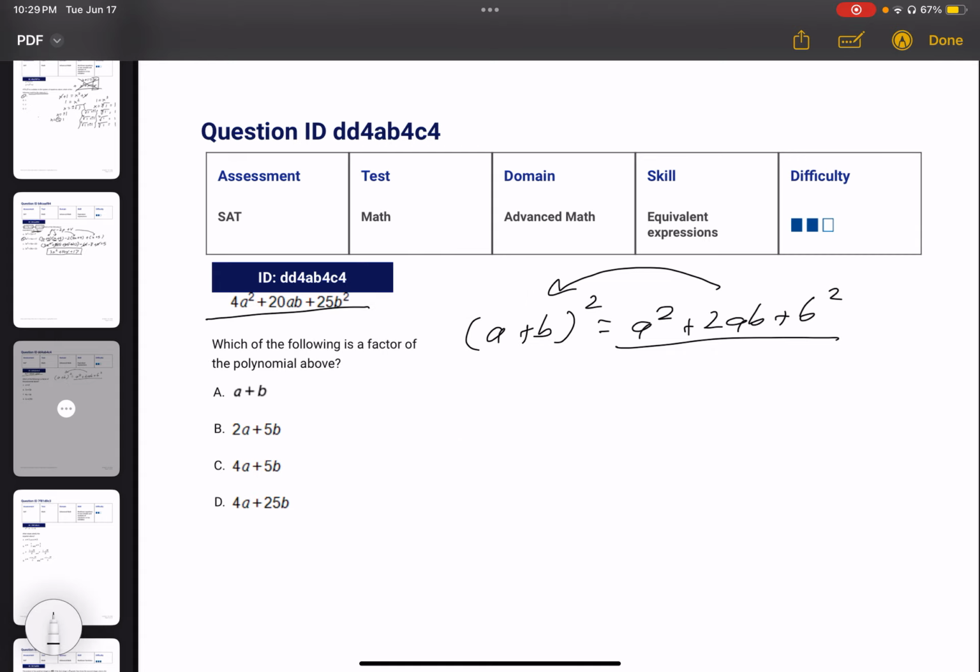So let's write out our problem again. If we want to get to this form, we kind of have to make our a and our b squared. So I'll show you how this is.